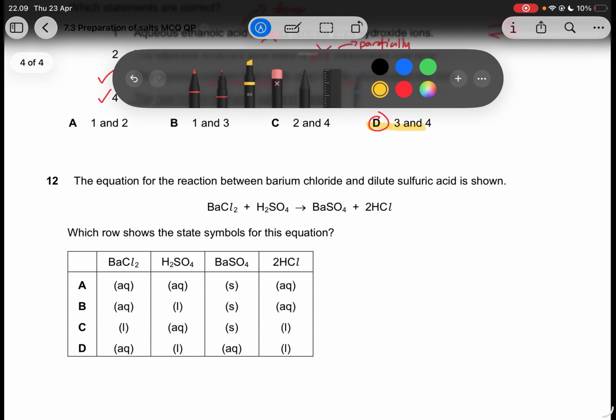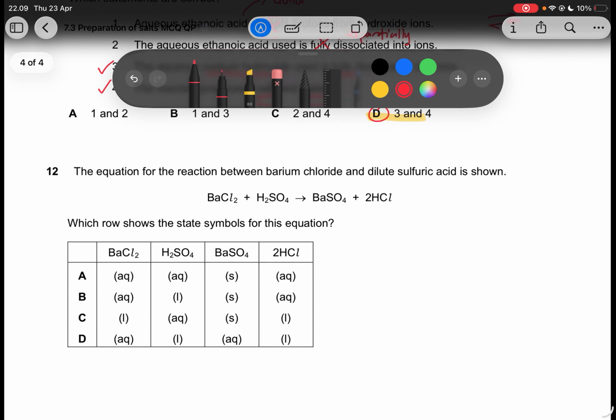The last one, we have to identify which row shows the state symbols for this equation. One way to help us is to check whether they're soluble or not, so that we can know if we will be able to place them in aqueous solution. So remember, the acids are placed in aqueous solution, and we put AQ for H2SO4 and HCl.